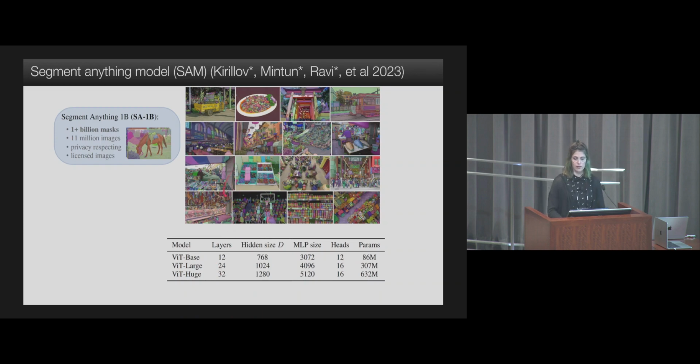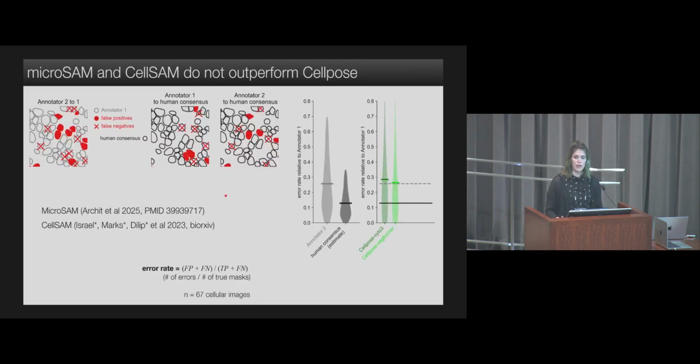There have been recent papers that have adapted SAM for microscopy. So there's the micro-SAM paper and the cell-SAM paper. And so we looked at how well these models perform on the Cellpose test set. And we found that they did not outperform Cellpose, and they didn't go lower than this inter-annotator lower bound that we described here.